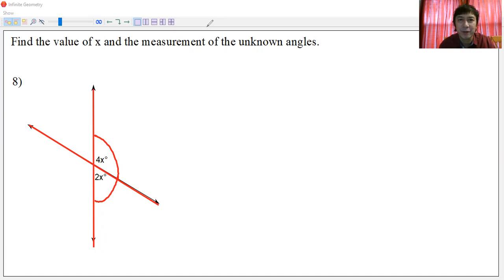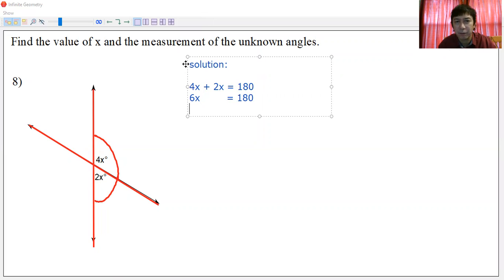And so we can set up our equation. For our solution, we have here the angle 4x plus the angle 2x must be equal to 180. And so we can add like terms. 4x plus 2x is 6x, and this will just be equal to 180.